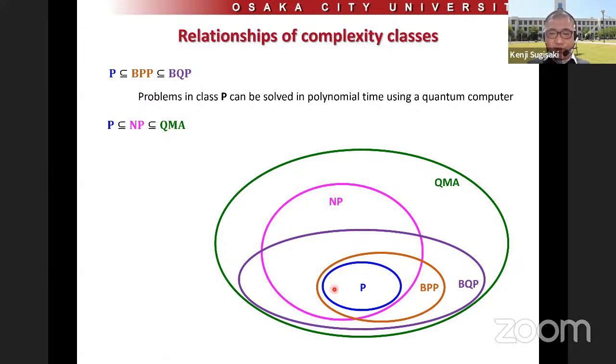So P is here, NP is here, and QMA is here. And also, BQP is included in QMA. BQP is here, and QMA here.